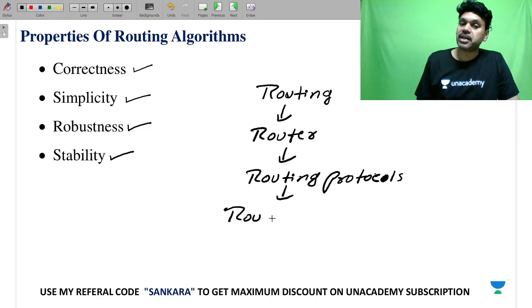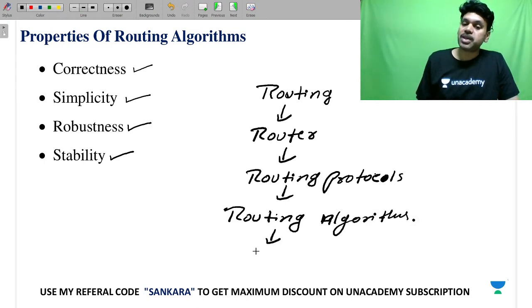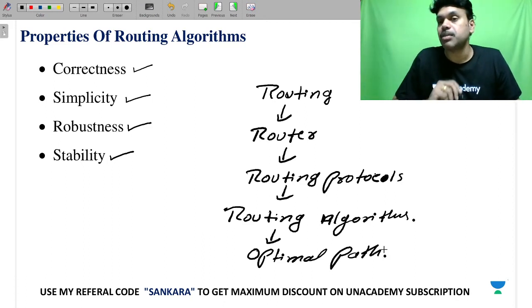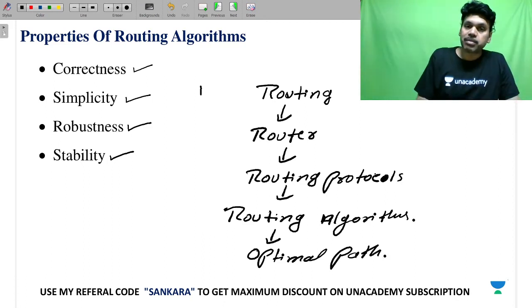Routing techniques. These techniques are called routing algorithms, and these routing algorithms finally give you the optimal path. What is the optimal path? The shortest path is nothing but the optimal path. Please remember this hierarchy.